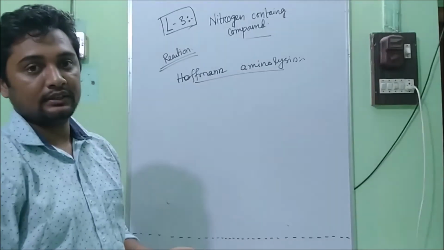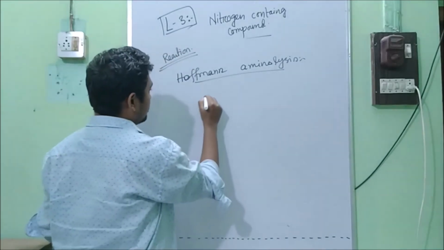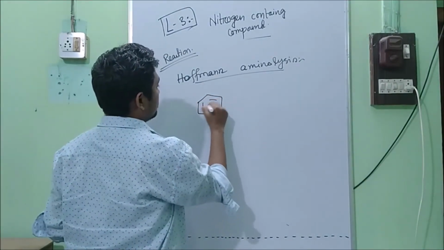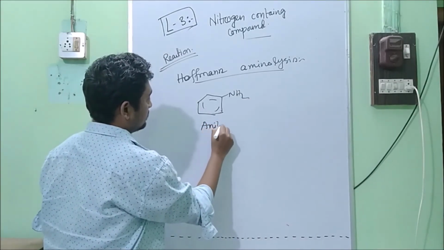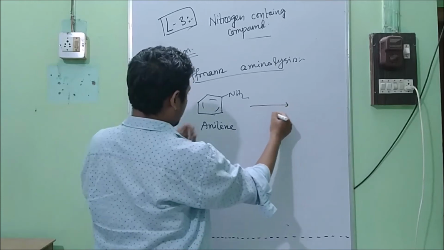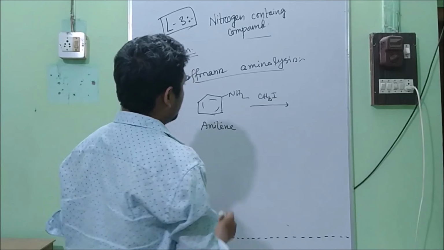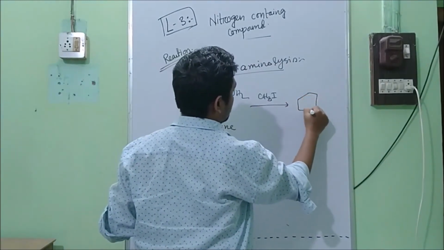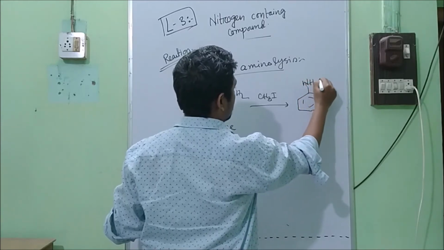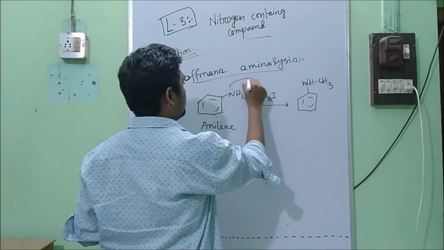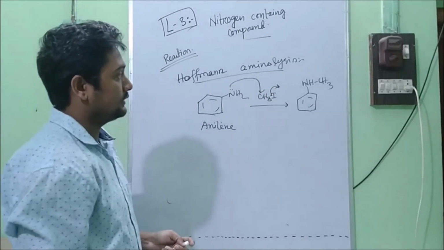Hofmann alkylation reaction. So let's see what happens in these reactions. This is aniline. If you react it with methyl iodide, this lone pair will attack this methyl group, then iodine will go.